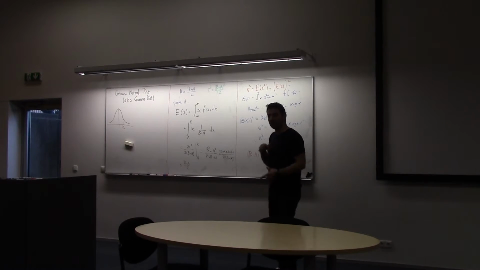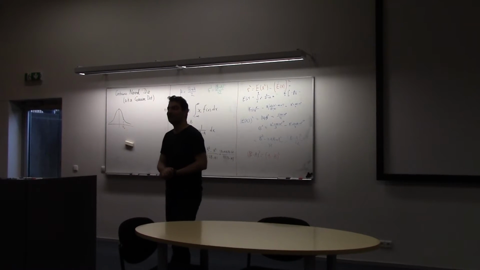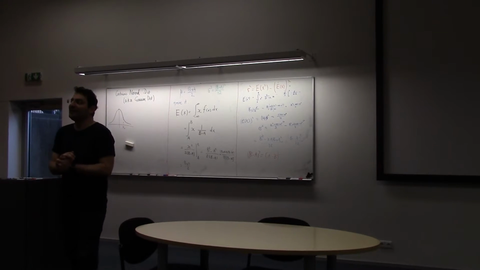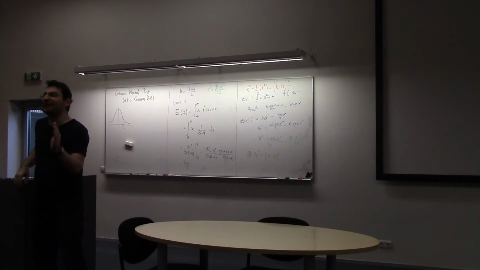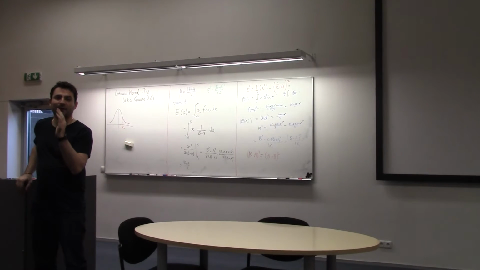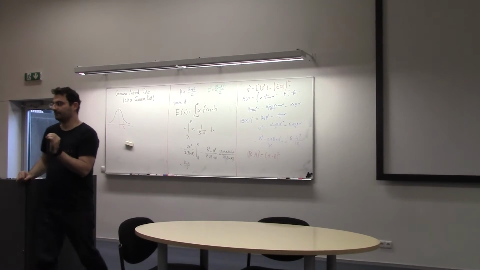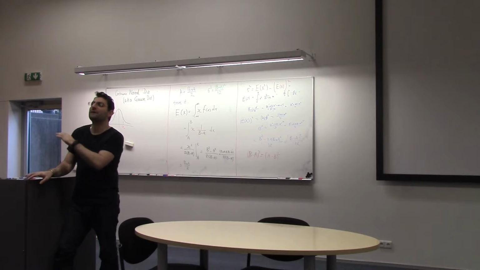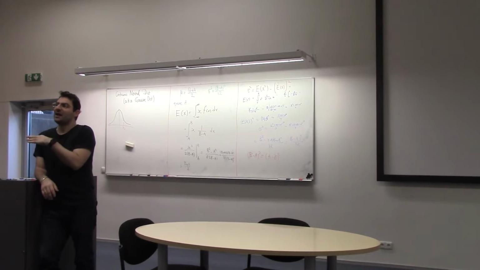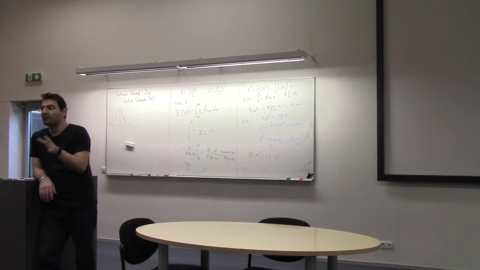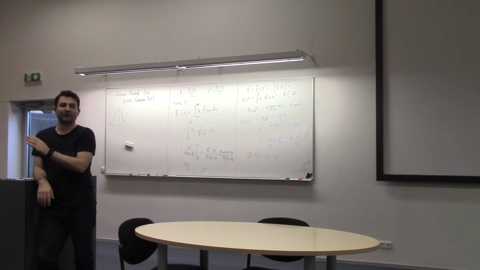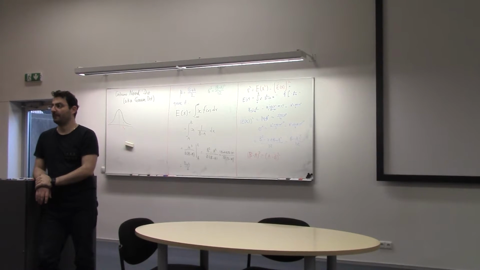And the central limit theorem, which is also very famous in probability, tells us this. If we have infinitely many random variables, and each of these random variables has a different type of distribution, okay?